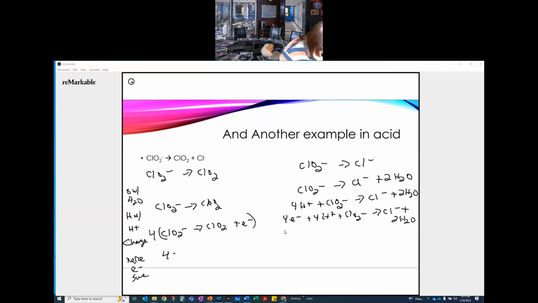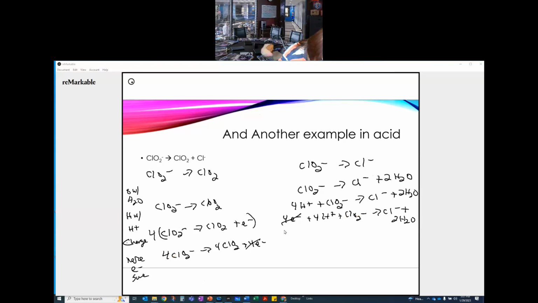So I have 4 ClO2 minus going to 4 ClO2 plus 4 electrons. I'm not actually going to write that because I haven't changed anything. So I have 4 electrons in both of those half reactions. Now, one other thing. I have 1 ClO2 minus in the second reaction, and I now have 4 from this reaction right here.